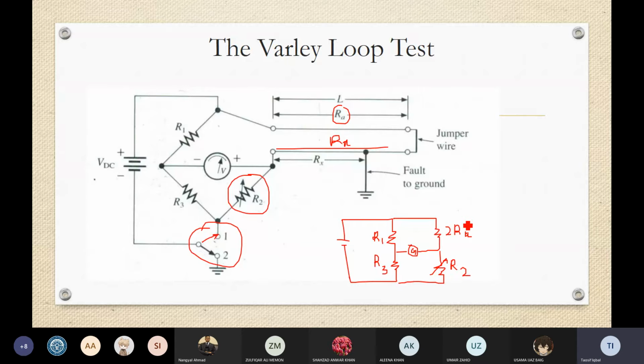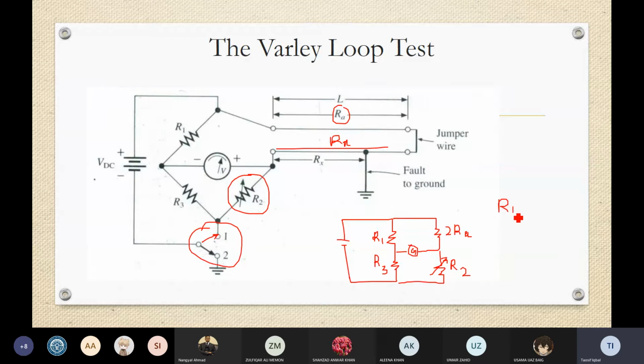So now whatever is the length of the two cables which are normal, they don't have any fault, we can first find out the value of RA. So we are going to change the value of R2, and therefore we are going to balance the bridge.